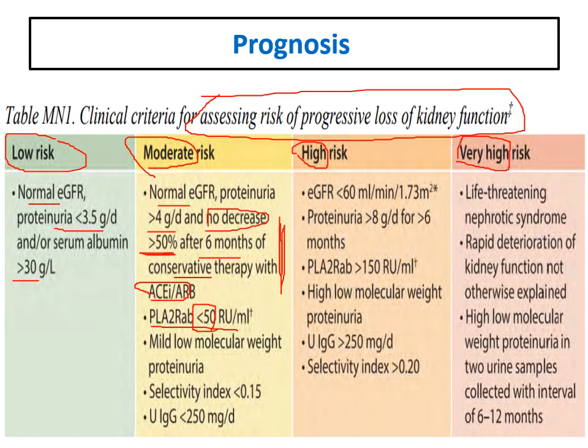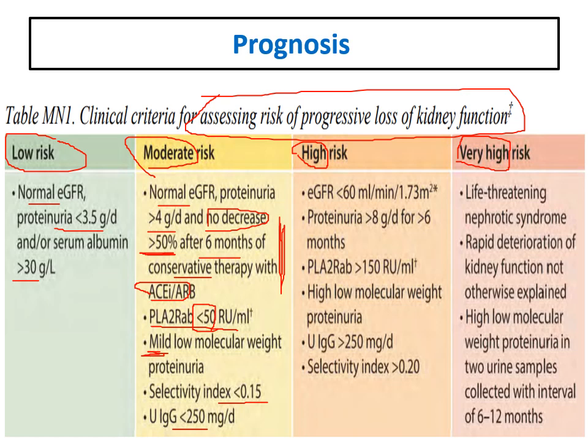If there is mild low molecular weight proteinuria, and if the selectivity index is less than 0.15 and urinary immunoglobulin G is less than 250, these are the criteria for moderate risk patients.